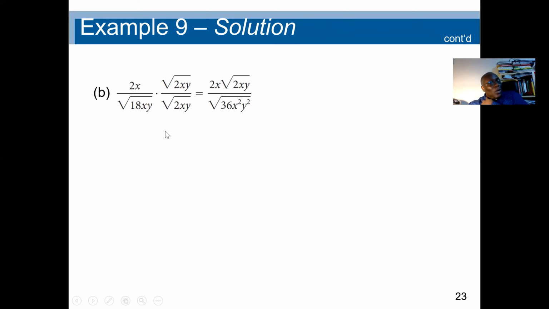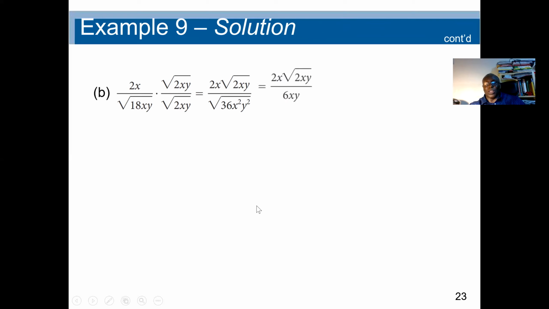Why? Because I will get 2 times 18 will be 36, which is 6 square. So 6 square and then raised to the power half, 2.5 will cancel. And also we get x squared, which is again half times 2, y squared, which again 2 times half also. And that's what we have here.